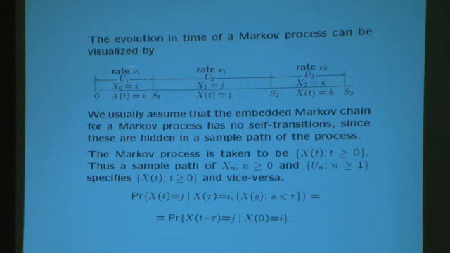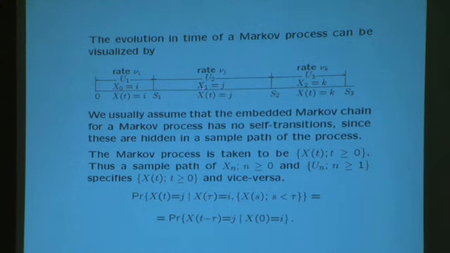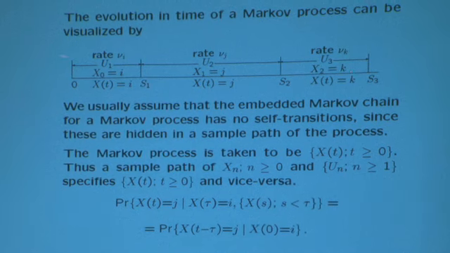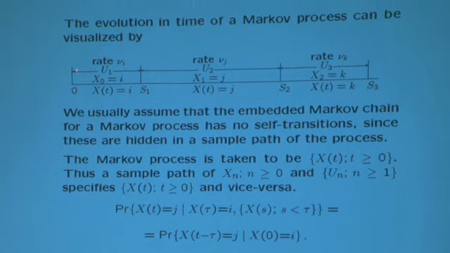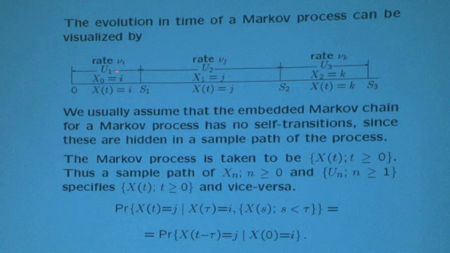Okay, the evolution in time of a Markov process. This diagram I find very helpful to see what's going on in a Markov process. You have a set of states. Initially, you're in state x0, the state at time 0 is some given value i. This is a sample path here. The next state, say, is j. The next state is, say, k. When you're in state i, there's some holding time which has rate nu sub i.